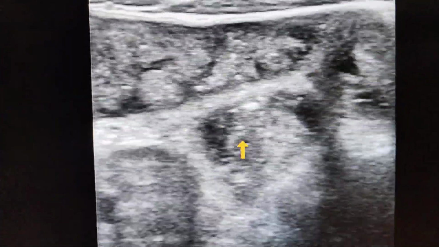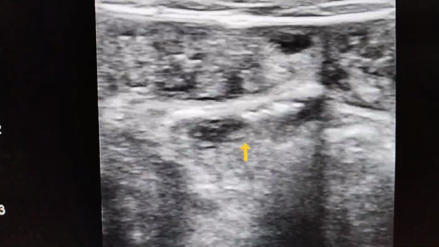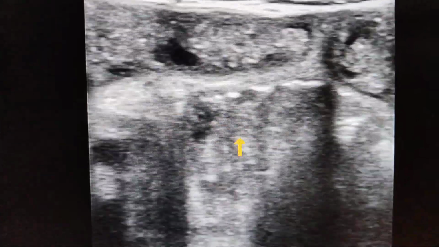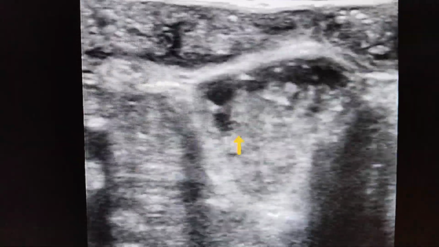This most likely is a case of celiac disease due to the allergy from the gluten or wheat.